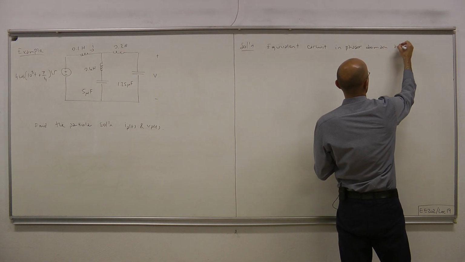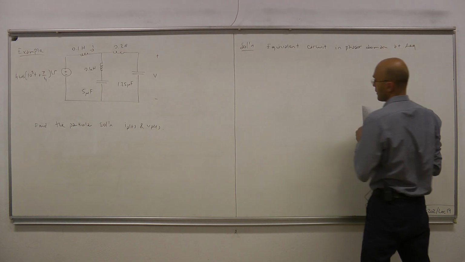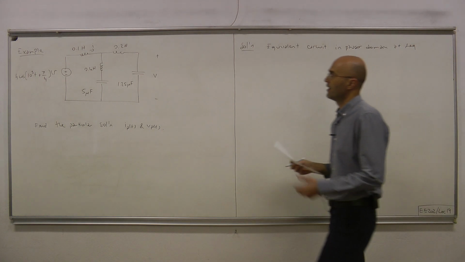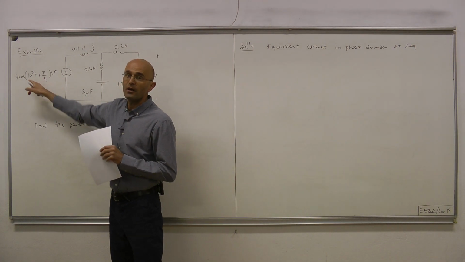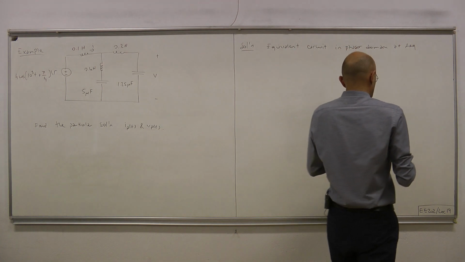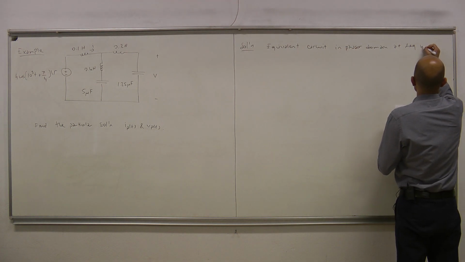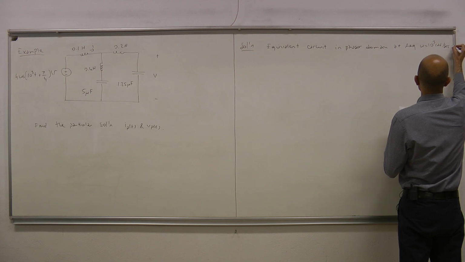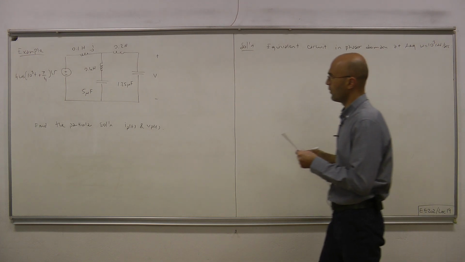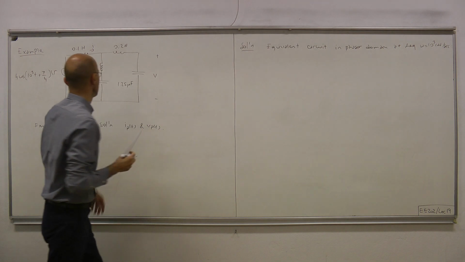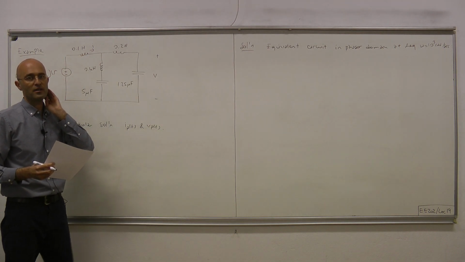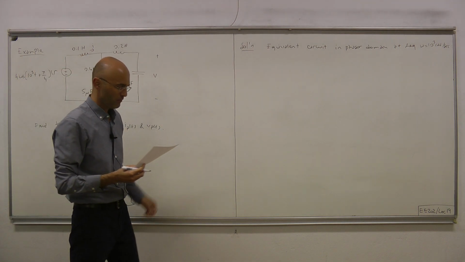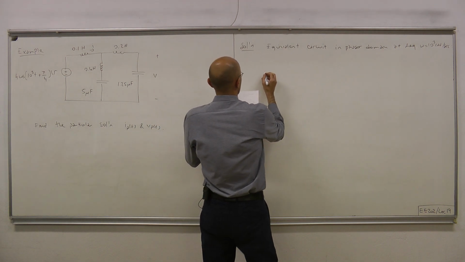at the frequency omega, which is determined by the frequency of the input. At frequency omega equals 1000 radians per second. Now here we have henries and farads. In our phasor domain circuit, everything will become ohms.